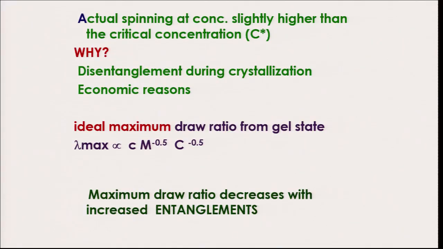So, as I said, the maximum draw ratio decreases with increased entanglement. Therefore, for every system, meaning for every molecular weight, there will be an ideal concentration from which you can obtain the maximum draw ratio.